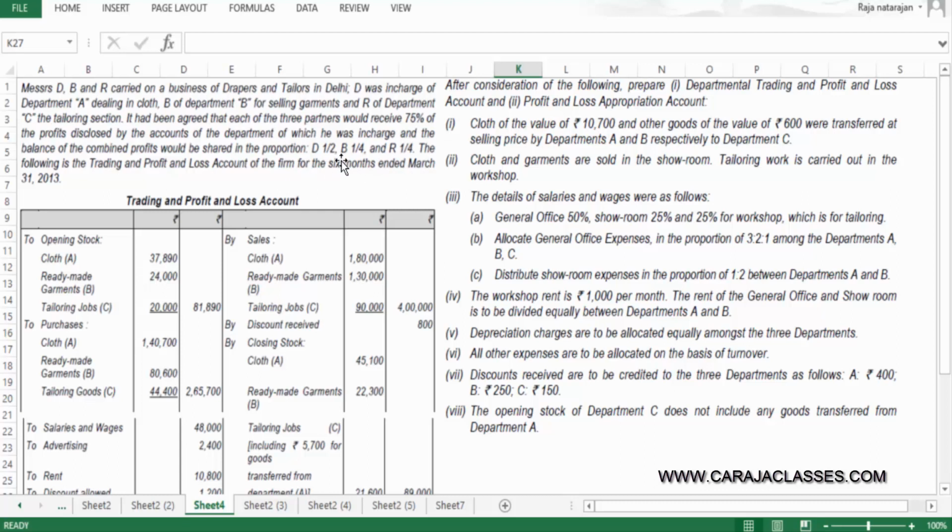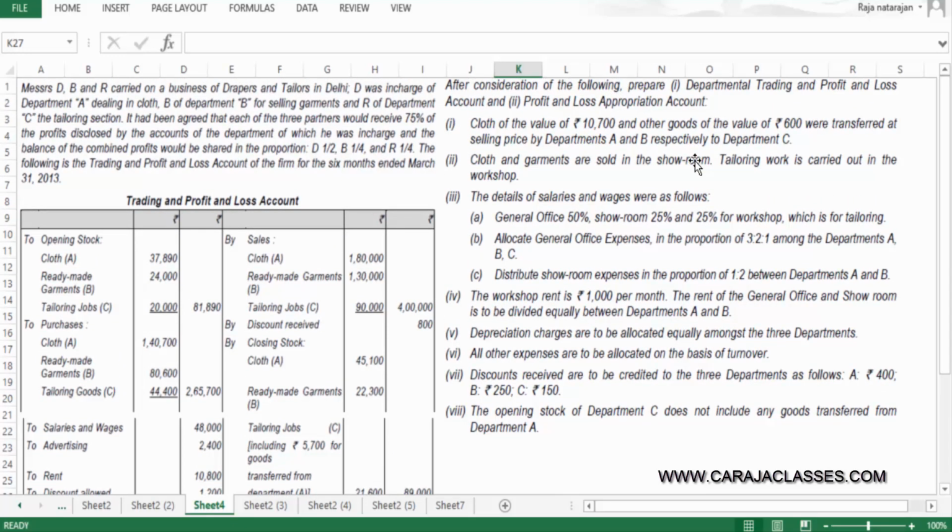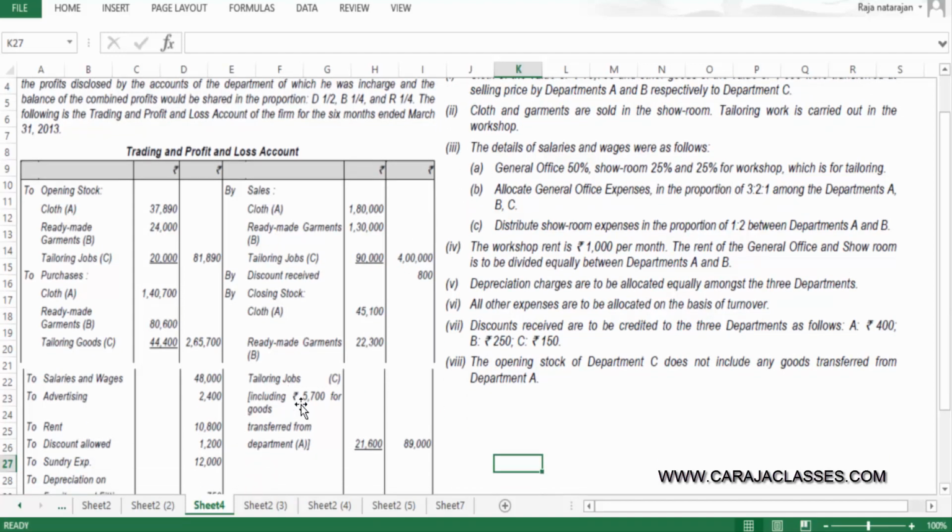But we have to keep in mind that Department C has received goods worth 10,700 and 600 from A and B, and it is also given in the question the closing stock of Department C includes 5,700 received from Department A. So now we have a concern, because when these departments are sending goods, they are sending goods at their selling price. It means this unsold goods which is lying in Department C has a profit element of Department A.